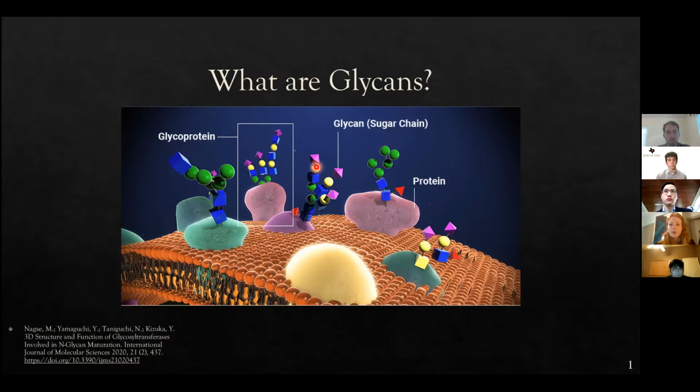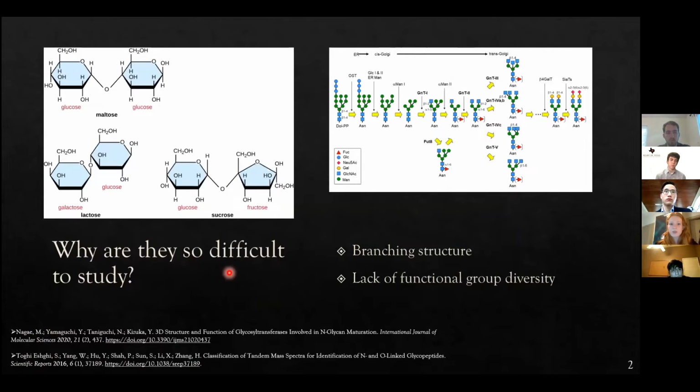But in order to really understand the structure of a glycan, we need to develop techniques in order to elucidate those structures. So why is this structural elucidation so difficult? Well, in sugars, we have a lack of functional group diversity, right? This image here shows that the most prominent functional group in a sugar is going to be a hydroxyl group.